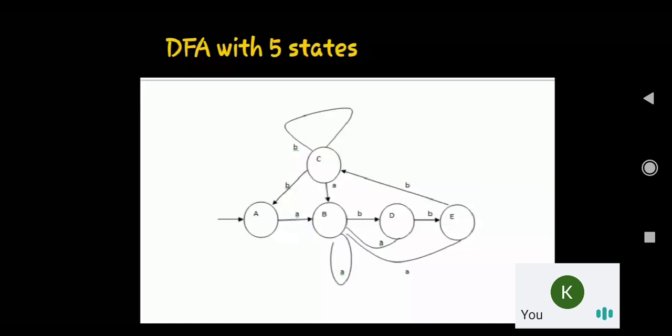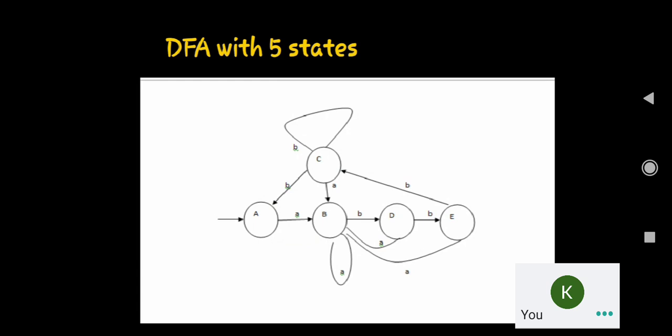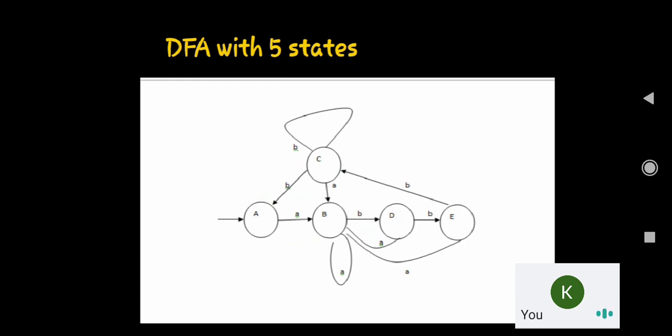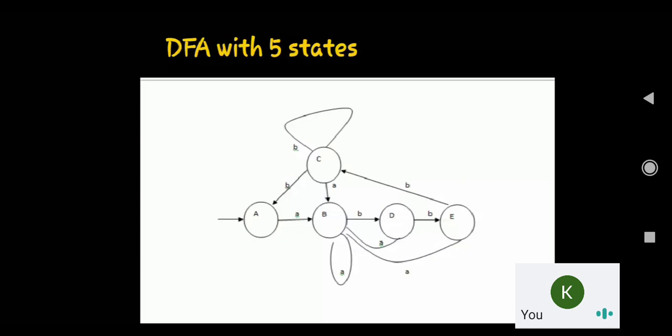The small a is passed from state D to state B. From D to B it is passing a, and from D to E it is passing b. By receiving input b it is passing two outputs, b and a, and finally you have the final state.